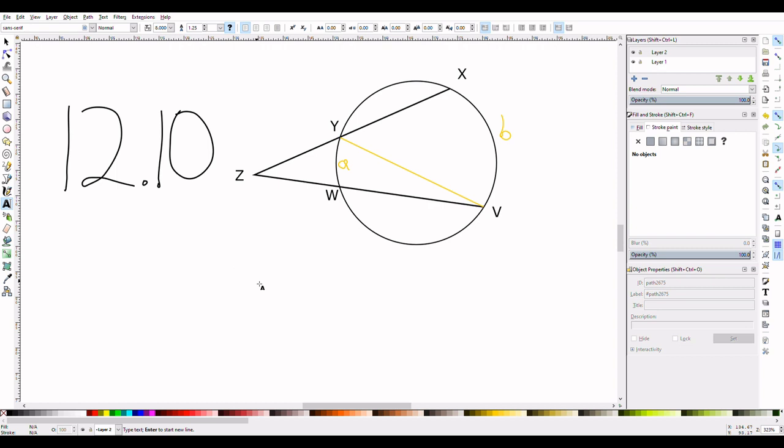Well, we see that angle XYV equals B divided by 2. And we see that YVW equals A divided by 2.